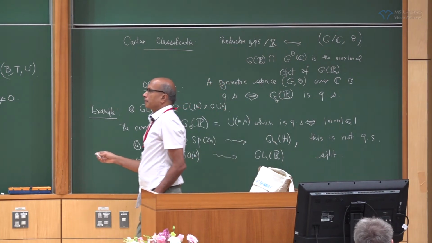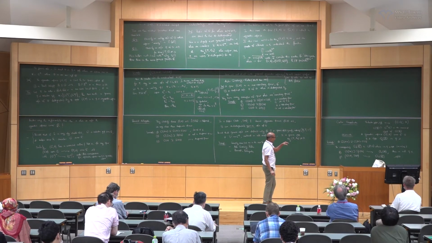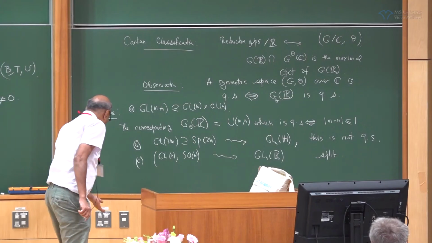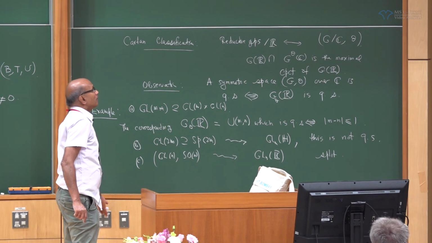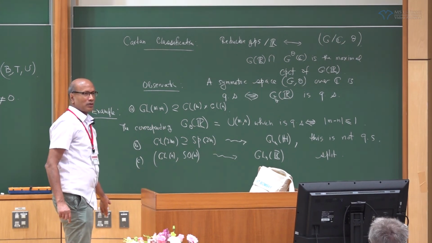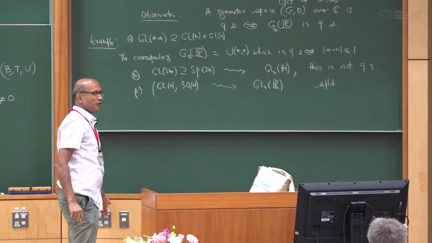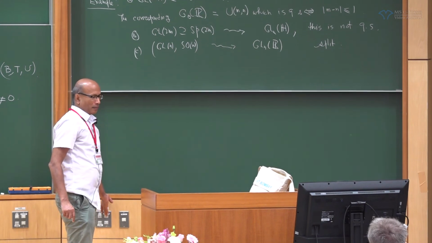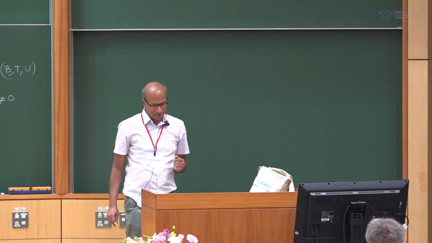So since one knows the real groups very well and one can quickly tell which real groups are split, quasi split or not, it allows you to quickly conclude which symmetric spaces are quasi split or not.